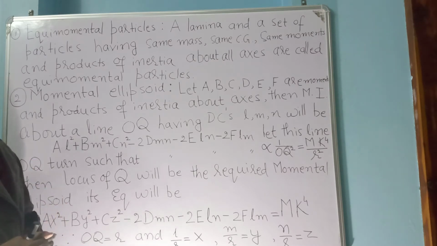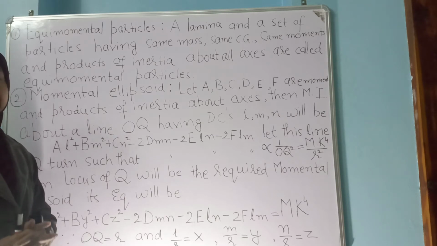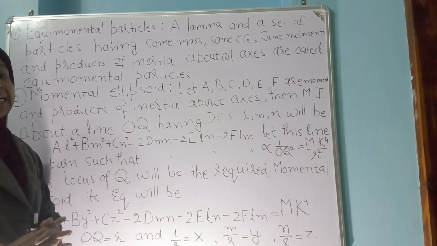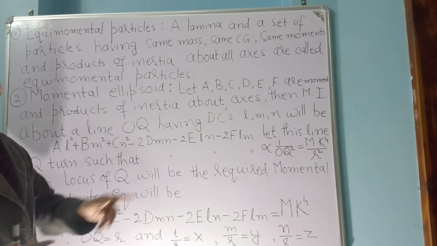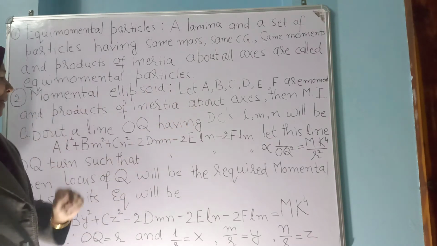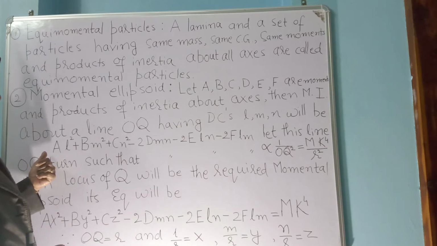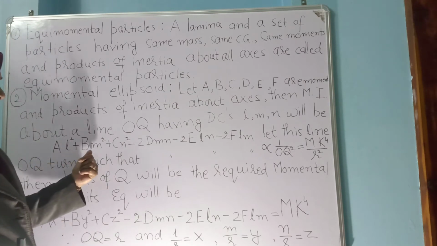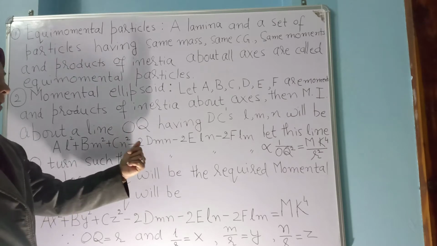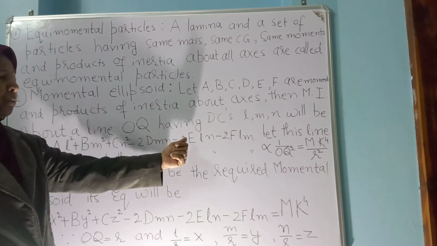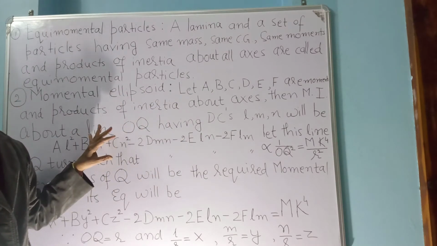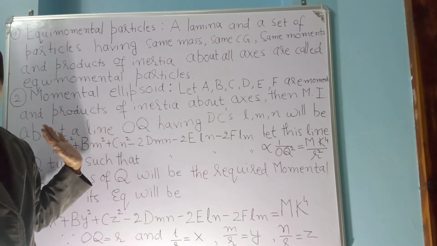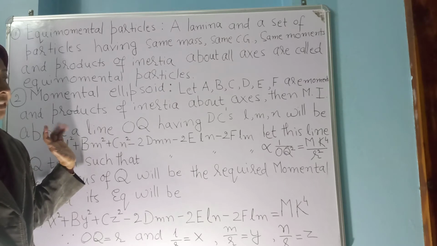In 3D, if you want to specify a line, you need its direction cosines. So here the DCs are given as l, m, n. So that moment of inertia is A l square plus B m square plus C n square minus 2D m n minus 2E l n minus 2F l m. This is the result we have already obtained in one of the lectures.